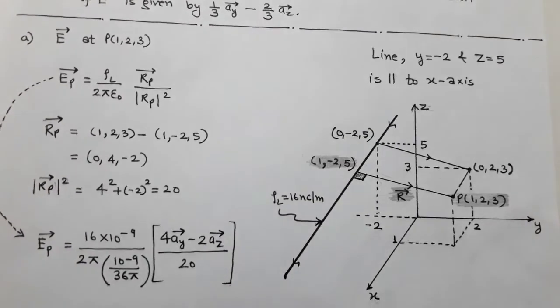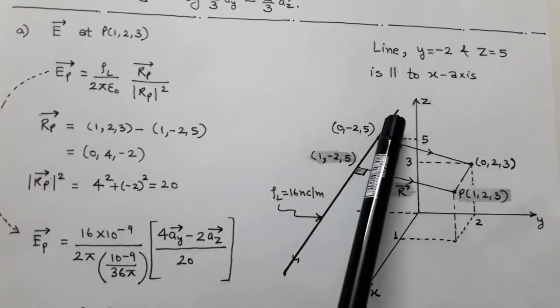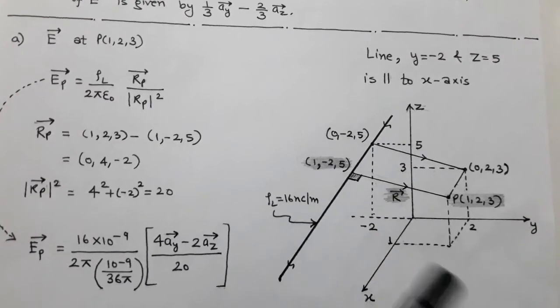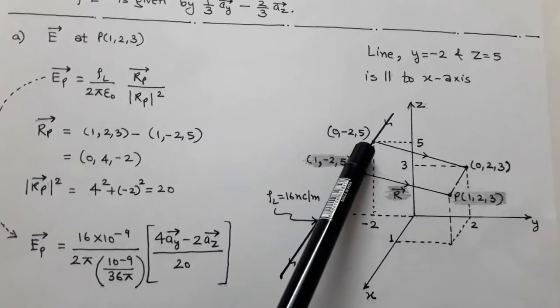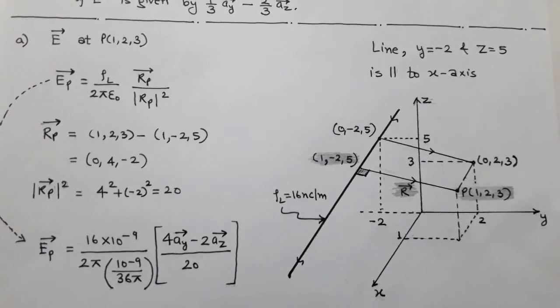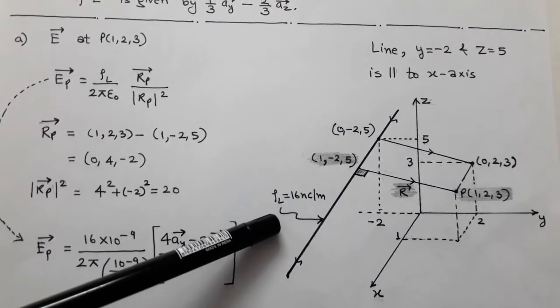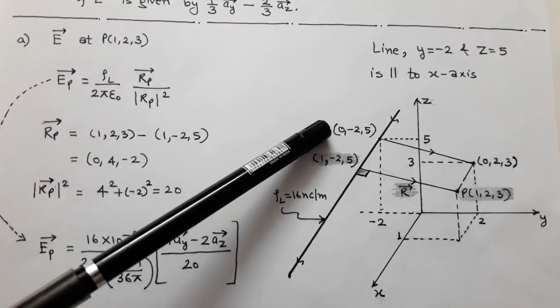So we plot this point (0, -2, 5), and a line charge that is parallel to the x-axis passes through this point.